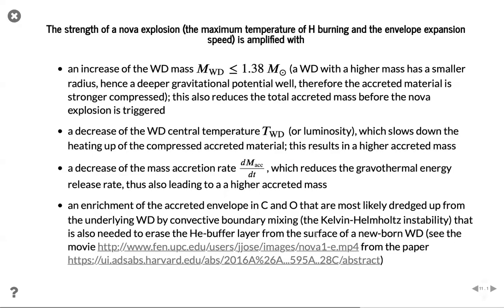Okay, here there is a link. I'm going to click on it. A link to the movie from this paper, in which they modeled such a mixing or dredge up of carbon-oxygen-rich material from the underlying white dwarf into the hydrogen-rich envelope by convective mixing via the Kelvin-Helmholtz instability, as I explained it.